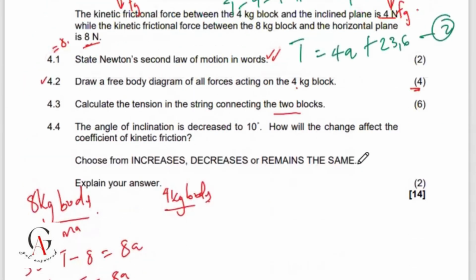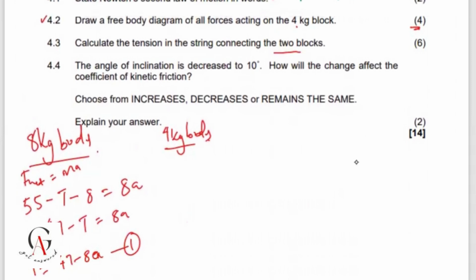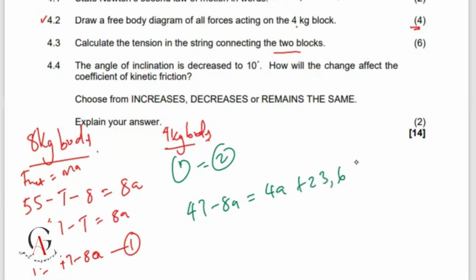Then I need to solve the 2 equations, equation 1 and equation 2. So 47 minus 8a is equal to 4a plus 23,6. If I move this to that side, I'll have 12a equals 47 minus 23.6, which ends up as 23,4.